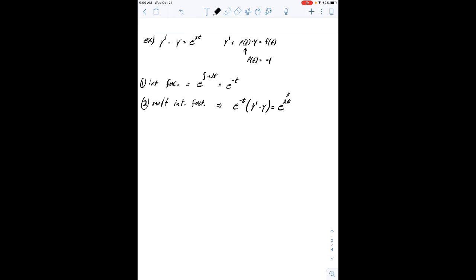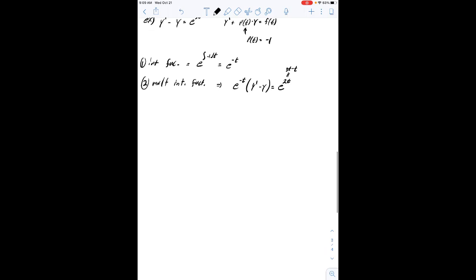Because this is just equal to 3t minus t. Okay, so now we say d over dt of e to the negative t times y, that's my integrating factor, is equal to the other side, which stays the same.